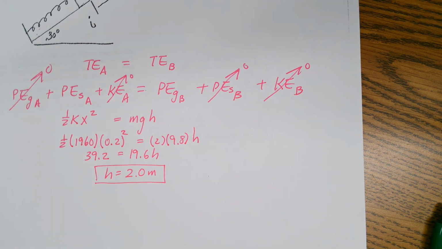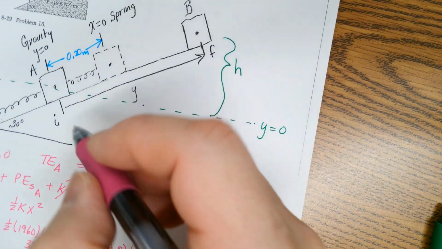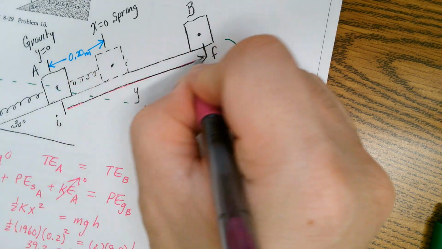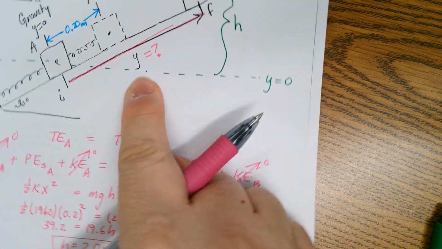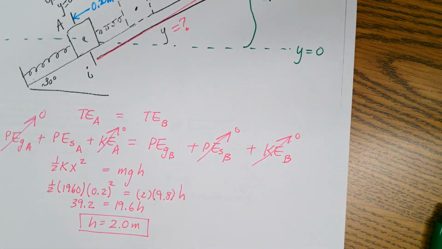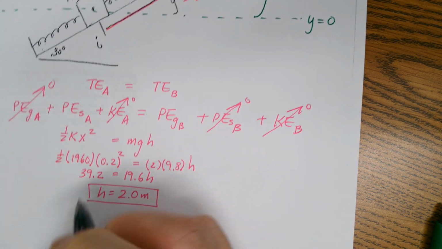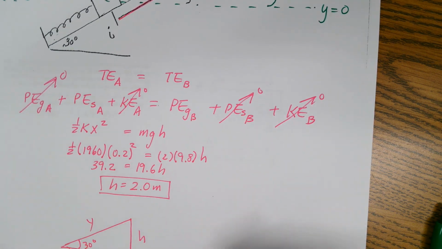But that's not what they're asking for. What they're asking for is how much distance it travels. This is what they're looking for right here. He called it y here. So if we know this is height and this is y, we know this is 30 degrees.